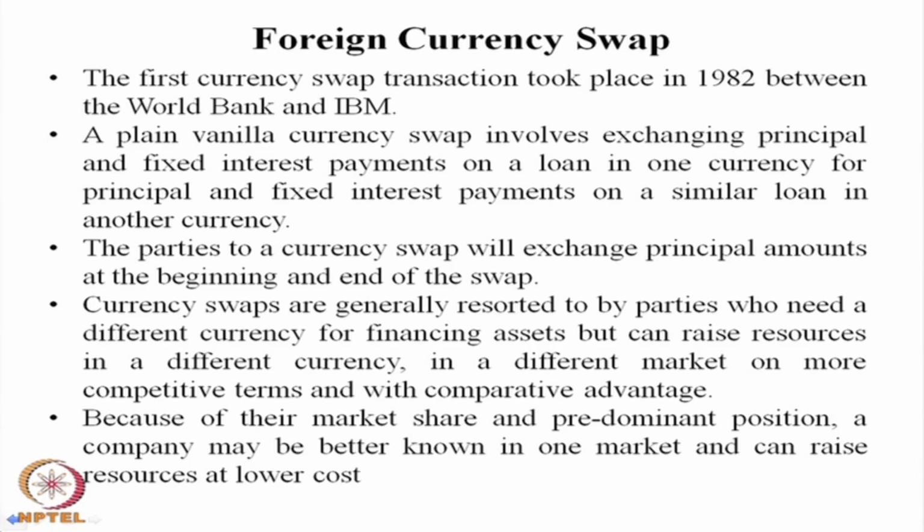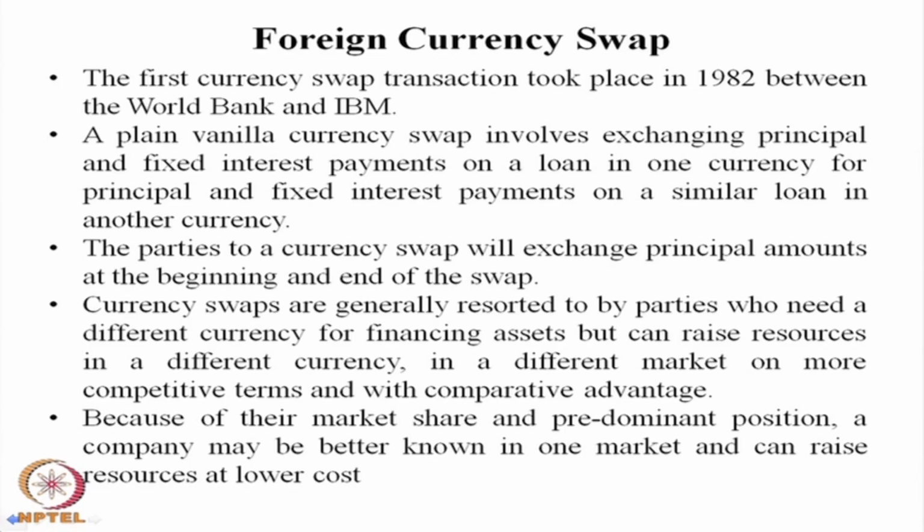Swaps, whether a currency swap or an interest rate swap, are plain vanilla, meaning there is no complexity involved in this process. A plain vanilla currency swap involves an exchange of principal and fixed interest payment on a loan in one currency for a principal and a fixed interest payment for a similar loan in another currency.